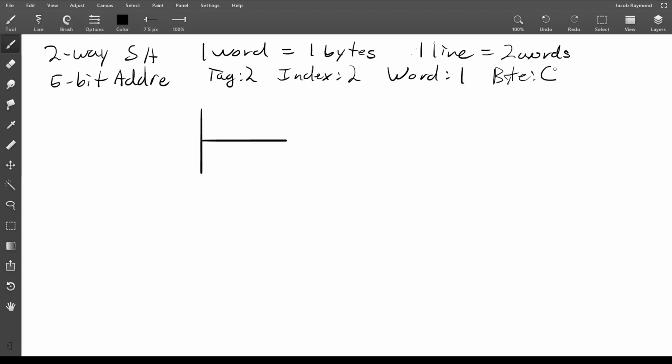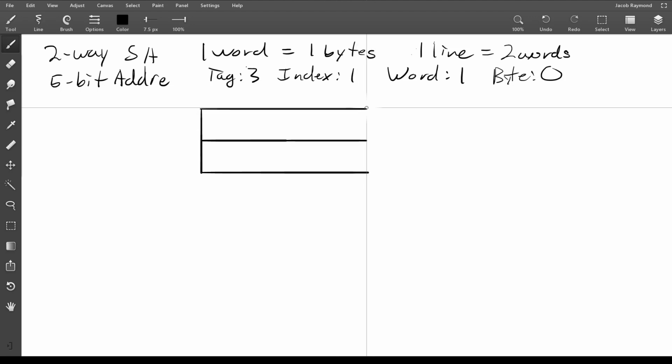being 0 bits. So our cache would get split up into only 2 indices this time. Actually, no, we're going to change the index to 1 bit and the tag to 3 bits, and that'll become obvious why. I'm keeping the size of the cache fixed.